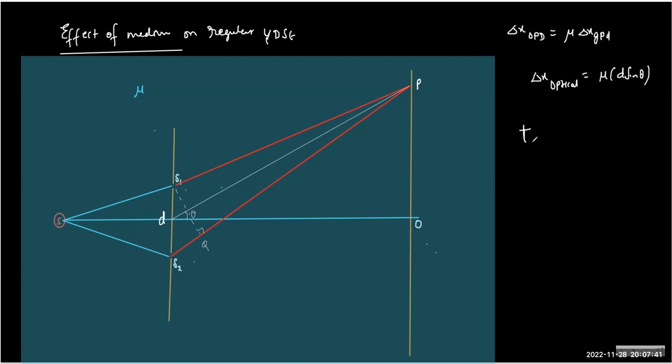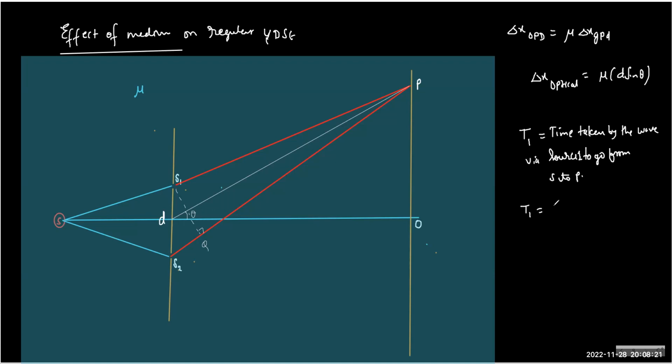The time taken, let me call it capital T1, is the time taken by the wave to go from S to P via S1.